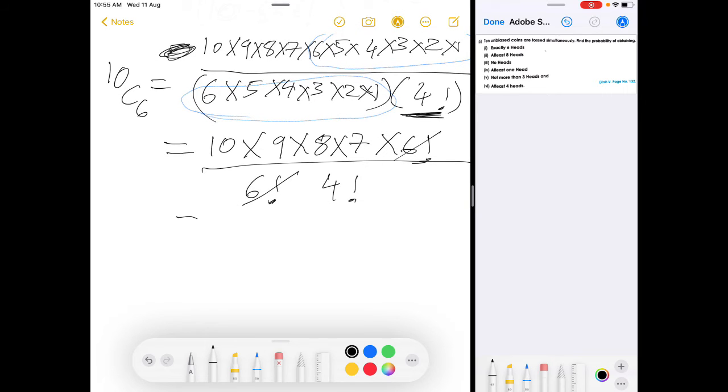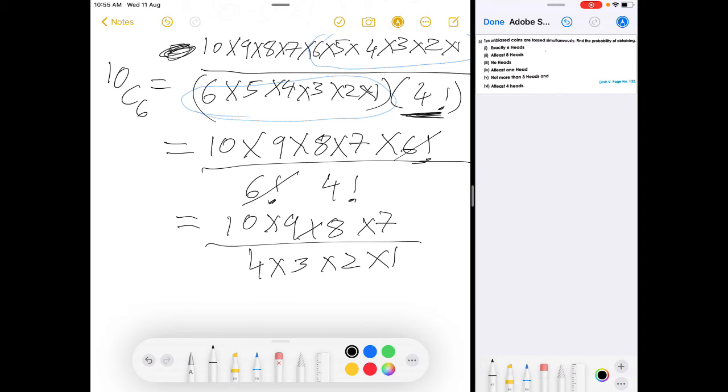Now this simplifies to 10 into 9 into 8 into 7 divided by 4 factorial, which is 4 into 3 into 2 into 1. So 4 into 2 is 8, cancel out. 3 3s are 9. So I get 210. So this part is nothing but 210. Easy.